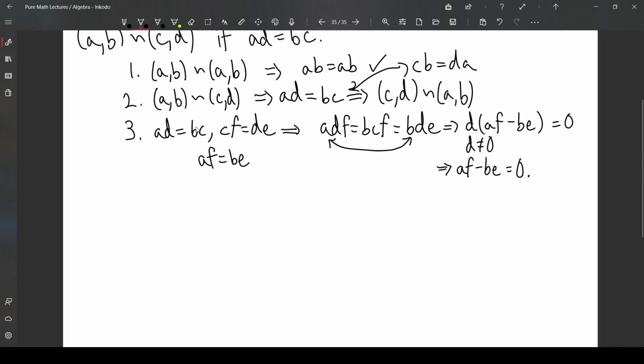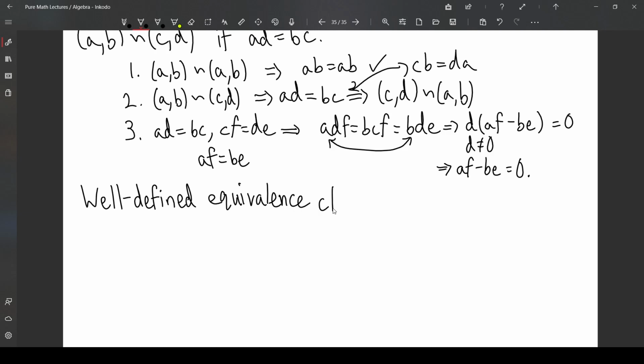Okay, so this shows that the squiggle is actually an equivalence relation. And what equivalence relations allow us to do is essentially take quotients or look at equivalence classes, which are well defined. I cannot spell equivalence classes, and we denote those by the fraction.